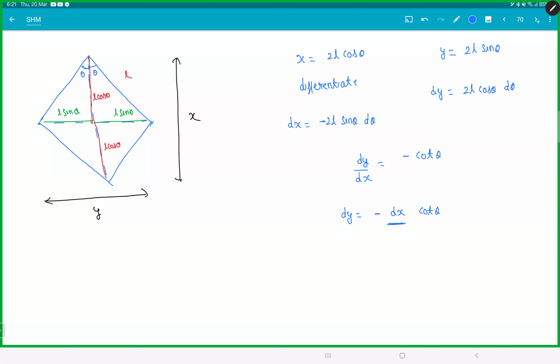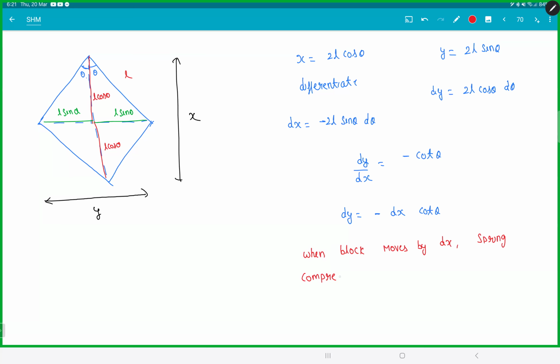Isn't that the meaning of it? And the negative indicates what? If x increases, y will decrease. Meaning two sides will compress, but you have it, two sides will also elongate, no? Getting it? So this means when block moves by dx, spring compresses by dy.